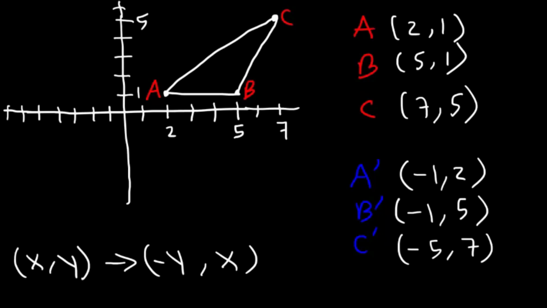So the first one is located at -1, 2, which is here. The second point is -1, 5. The third point is -5, 7, which, since I'm running out of space, I'm just going to put on top here somewhere.